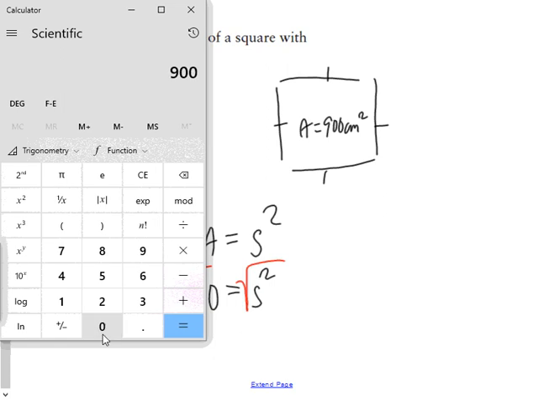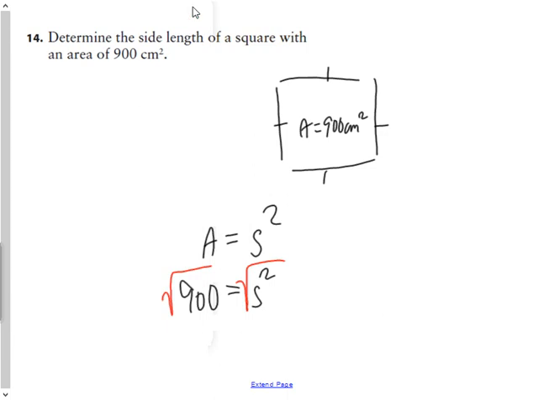So I put 900 in. Now on my calculator, mine's a little different than yours probably. Right here, that's the square root button. I have a 2, which means square root, I have a square root symbol, and then I have x. So if I press that, it tells me the square root of 900 is 30. So I have 30 equals the square root of s squared, which is s, which means the side length is 30.